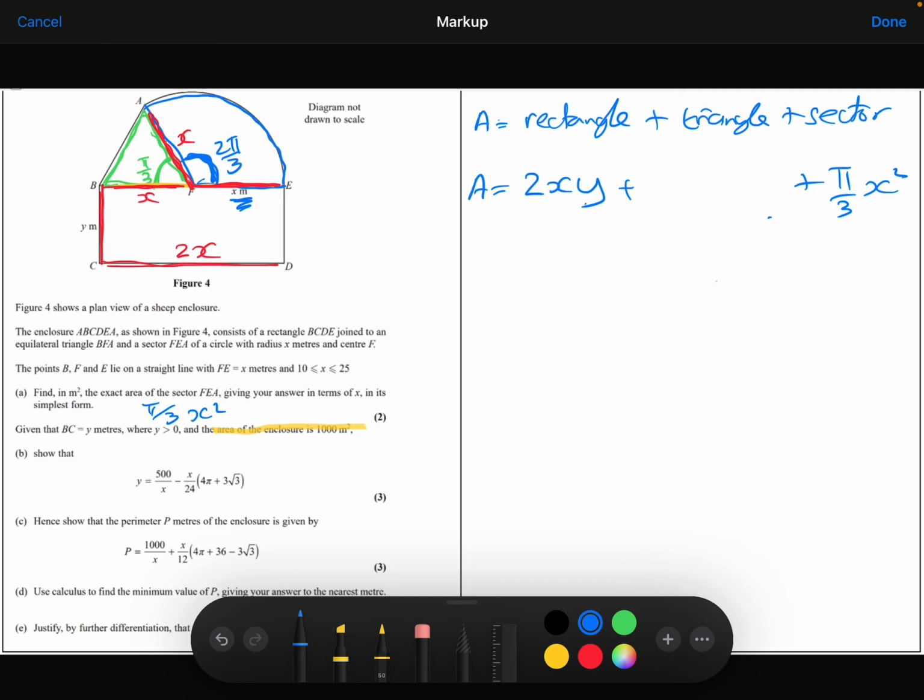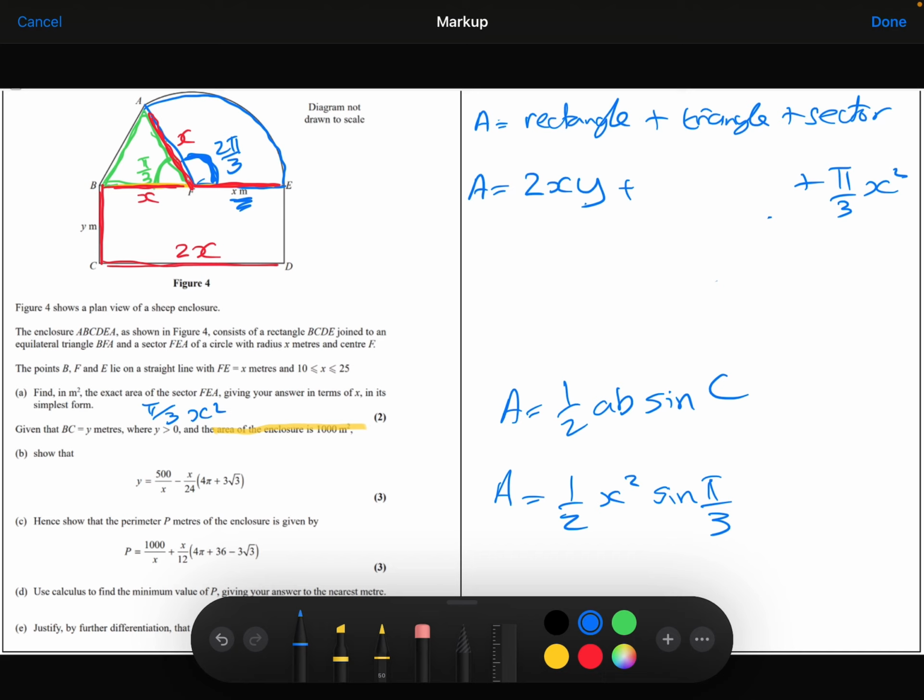Now for the triangle. Well, I know that the area of a triangle is a half ab sine C. It's an equilateral triangle, and I know that both of the lengths are x, and I know that the angle is pi over 3.